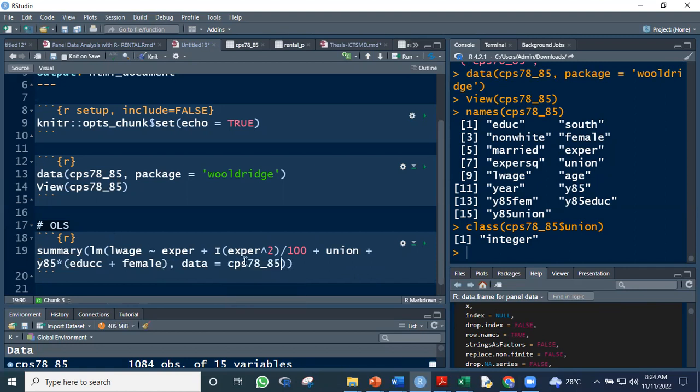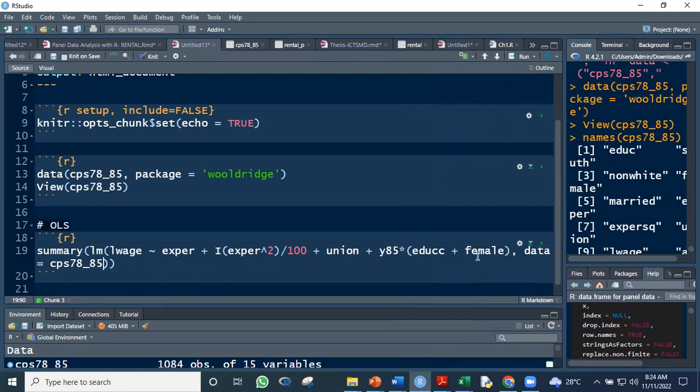Let me see. Tama na ba to? Take a look at this class. So experience and then experience squared divided by 100 plus union, oh, sorry to. Then you have here y85 times education plus female.